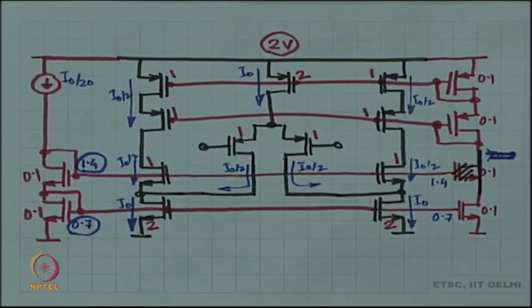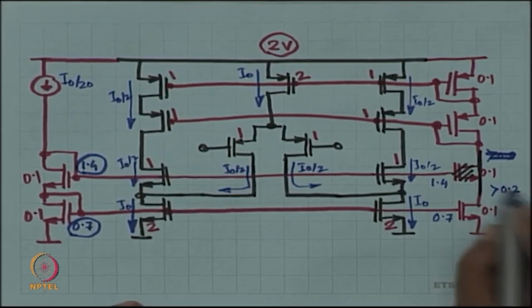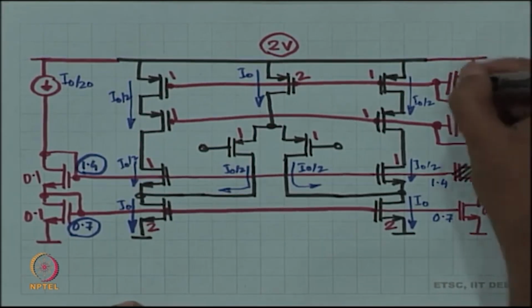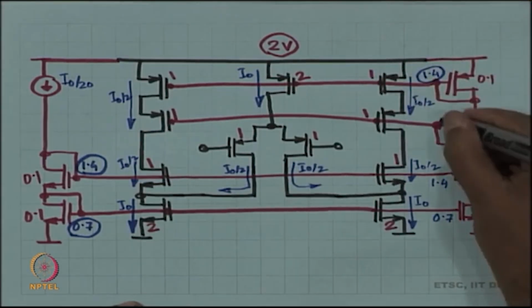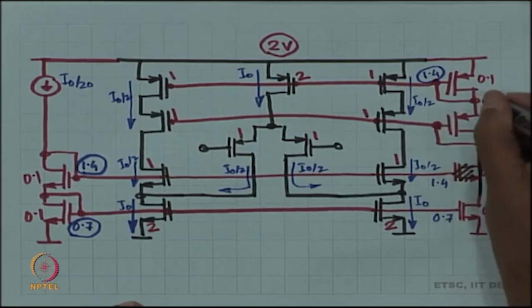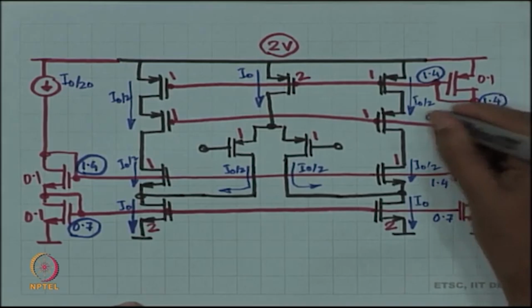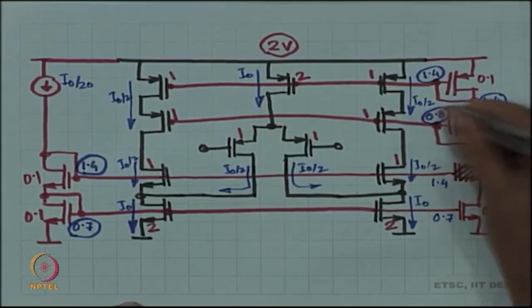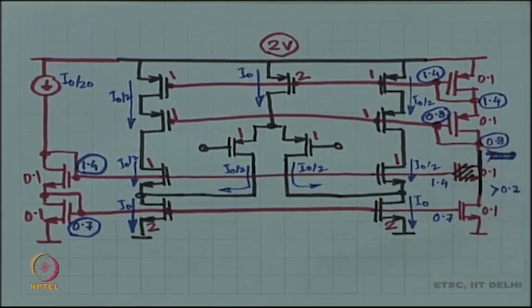So, if this is 0.7, then the minimum voltage here is 0.2, which is alright, because here you will get 1.4, here you will get 0.8. And that is certainly more than 0.2, which is fine.